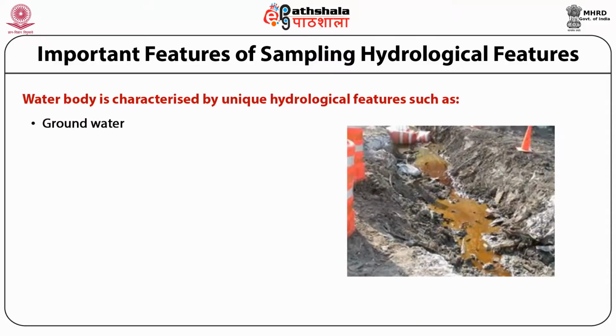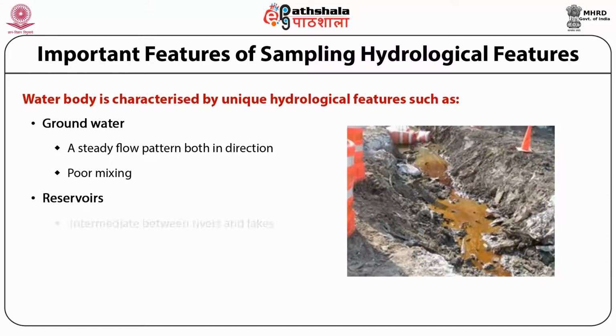Groundwater is characterized by a steady flow pattern in both direction and speed that is largely governed by the porosity of the geological material, as a result of which the mixing is poor. Reservoirs are intermediate between rivers and lakes.